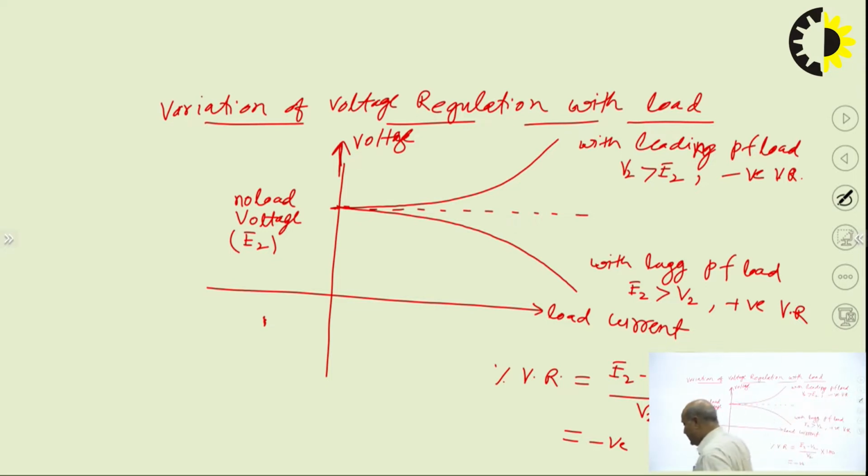Now we will consider the first case, that is the lagging power factor load. We will prove how, with a lagging power factor load, E2 will be greater than V2 and our voltage regulation will be positive. Similarly, in the second case, we will take a leading power factor load and show that V2 is greater than E2 and voltage regulation becomes negative.